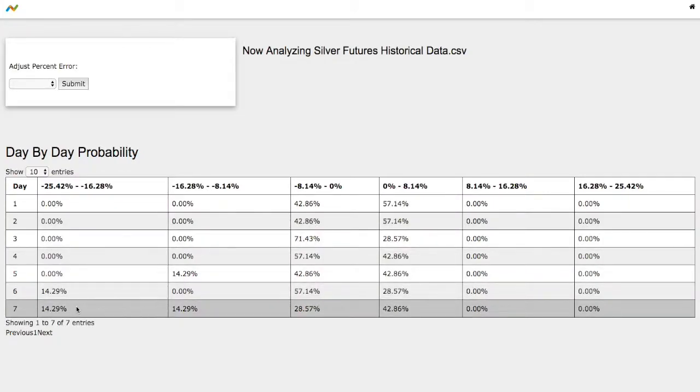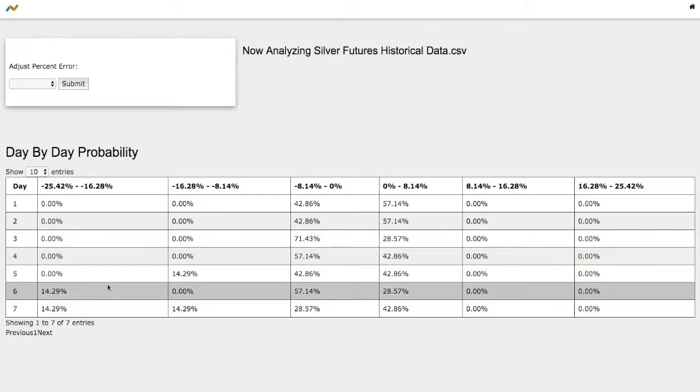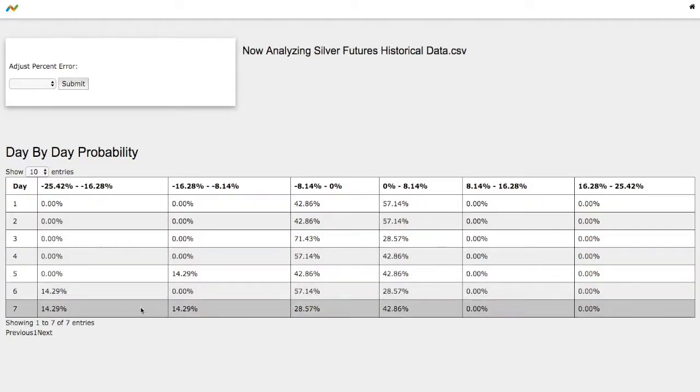On the extreme case on the 7th day, we see a 14% chance that silver may drop 16 to 25%, and we even may see an 8 to 16% drop with a 14% chance as well, and a 0 to negative 8% drop with a 29% chance of that happening. On the other hand, we only have a 43% chance between 0 to 8% and no percent on the extreme cases to the upside. So there is a heavy favor of silver heading down lower.